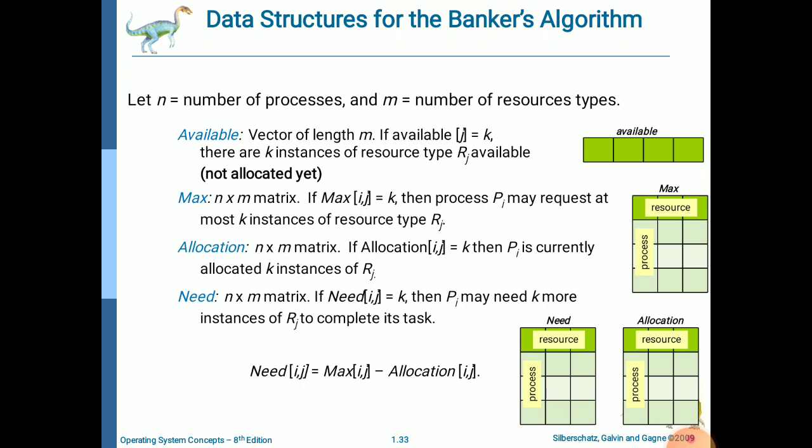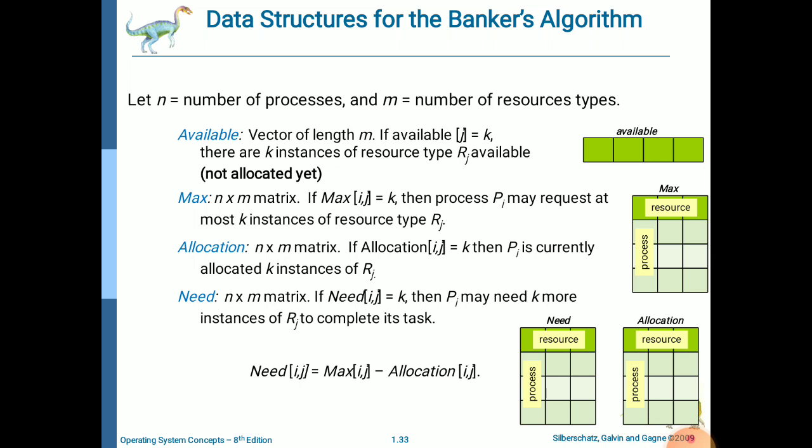Allocation of ij is equal to k means for process i, the j resource is already allocated k instances. And need is a calculation. Need of ij is equal to k means that process i requires the resource j of k instances.